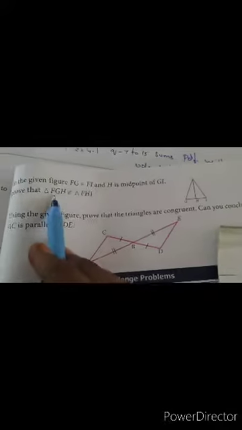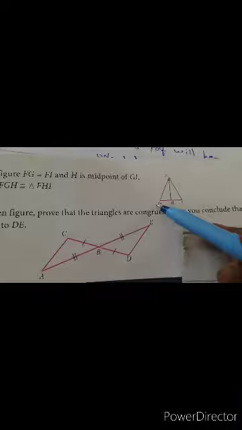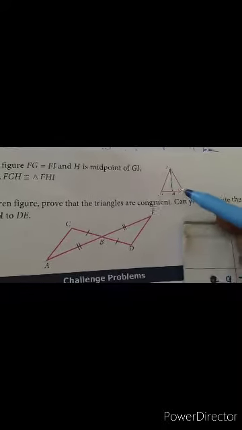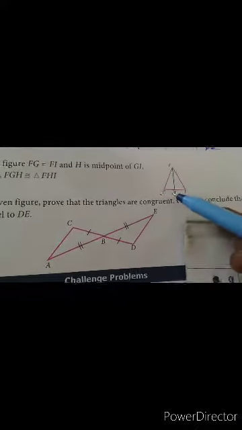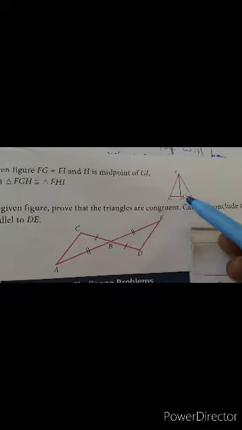So let's try question number 9 in the classwork note. In the given figure, FG is equal to FI. H is the midpoint of GI. Prove that triangle FGH is congruent to triangle FHI.